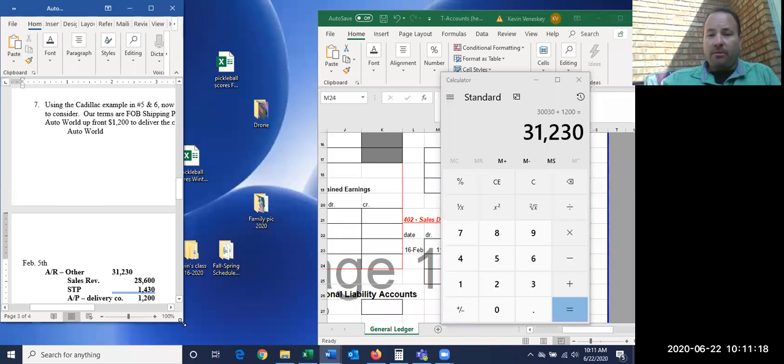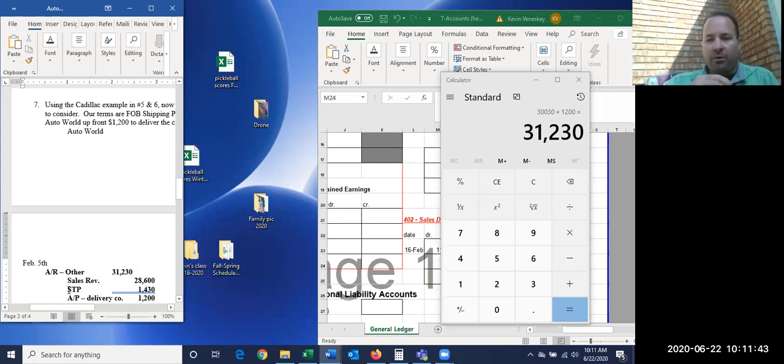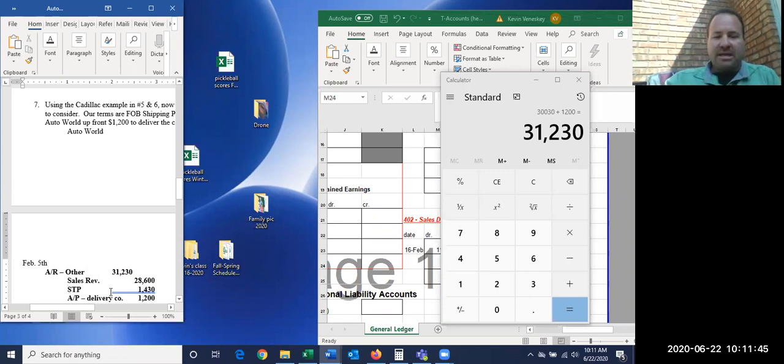It includes that I, the seller, owe the delivery company, just like how I owe the IRS money. Now, it's not my money. It's the customer's money. They're just paying me, and then I'm paying the IRS. Same thing here. The customer is essentially paying me, and then I'm paying the delivery company that $1,200. So the AP is treated very similarly to the sales tax payable.